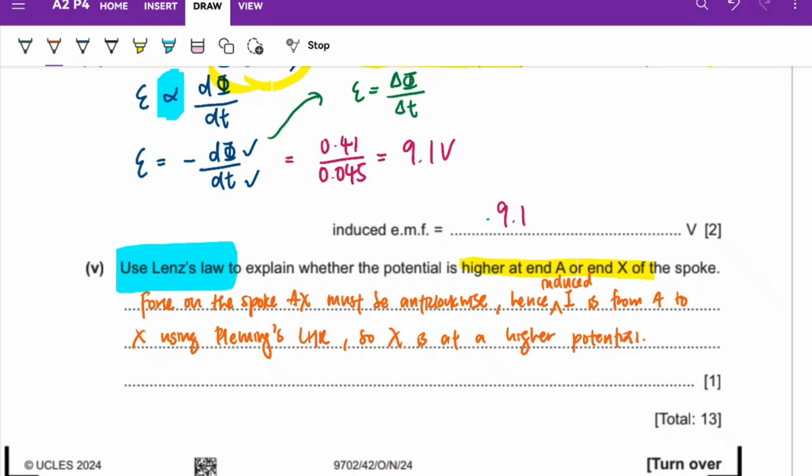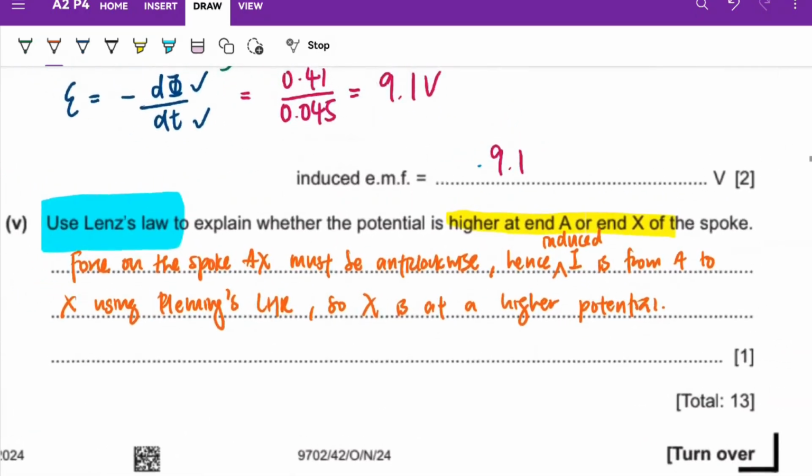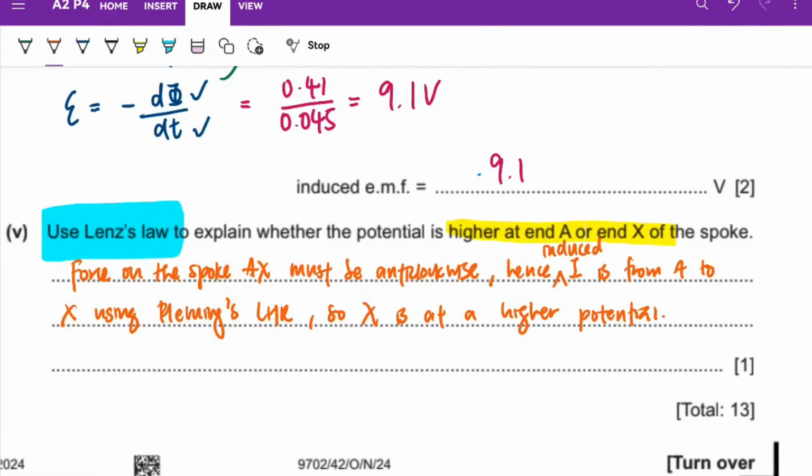The last part requires understanding. If you blindly memorize what Lenz's law is, you might not be able to answer this question. So understanding is very important when it comes to electromagnetism. It's really crucial because you need to visualize how it works. I have shown you two ways. If they say using Lenz's law, for a fact you know you're going to move anti-clockwise because it opposes the force based on the Lenz's law definition.